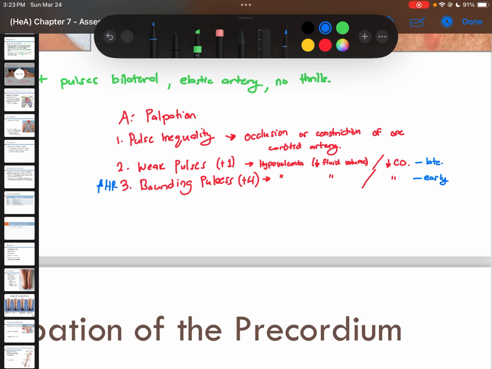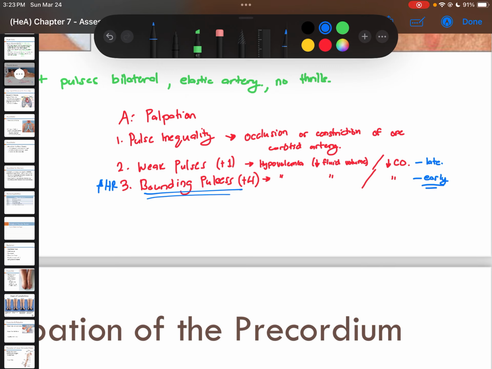Now, when it increases the heart rate early on, it will cause our bounding pulses. Because of the increased heart rate, as I've said, it is a compensatory mechanism for hypovolemia so that fluid can actually move. It will cause bounding pulses, pulses that are really strong.